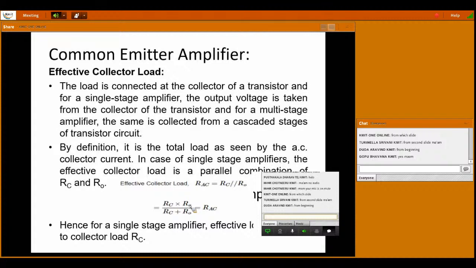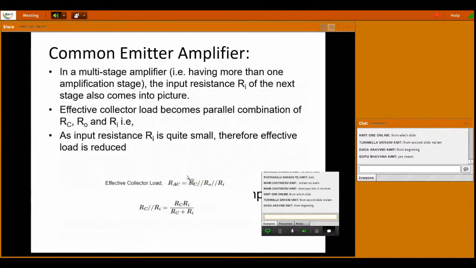So the effective collector load is approximately equal to RC if R naught is high. Now this is only for a single stage amplifier. For a multi-stage amplifier, the effective load is calculated by taking the parallel combination of RC, R naught, as well as the input resistance of the second stage.